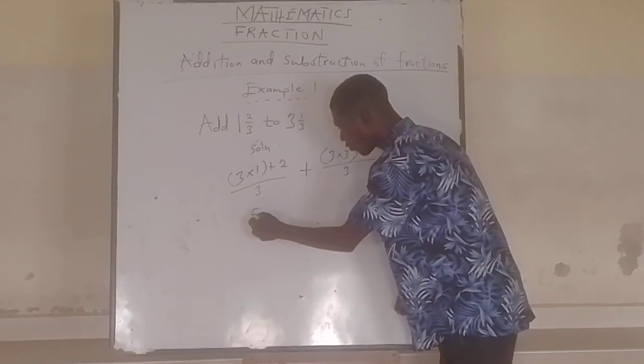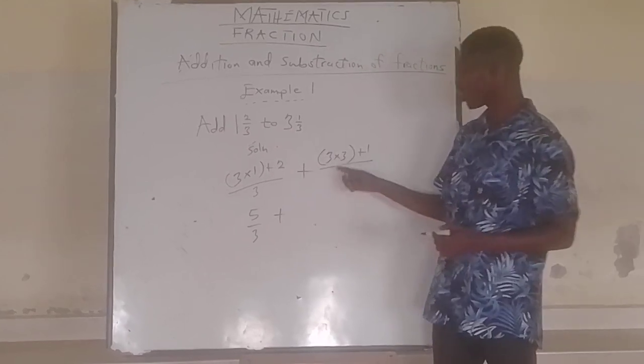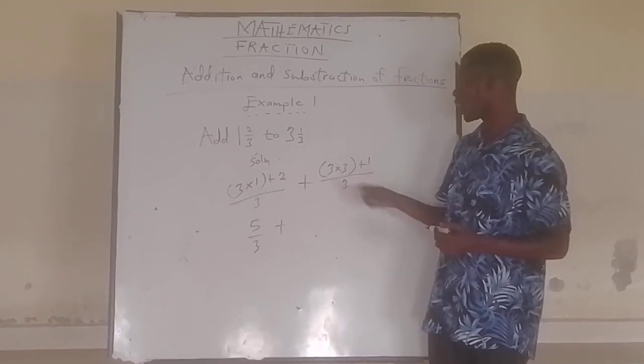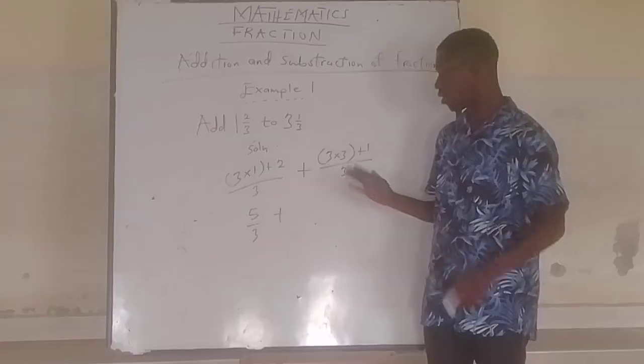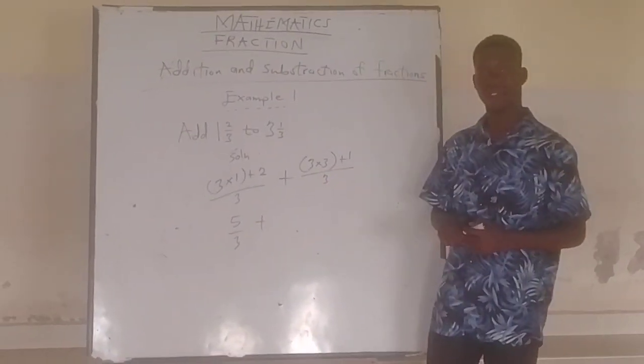So 5 over 3. Then plus, for this one, 3 times 3 gets 9, plus 1, we get 10. So 10 over 3.